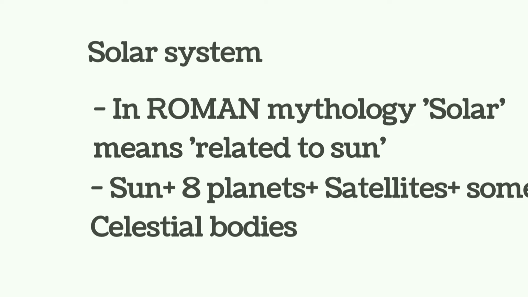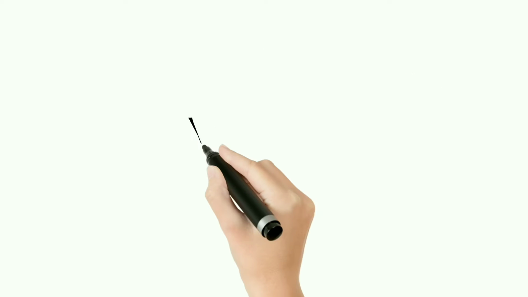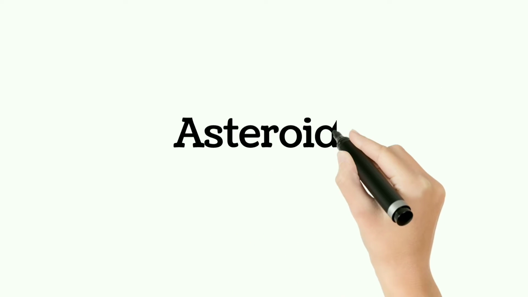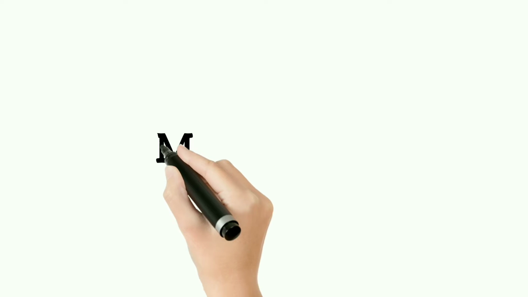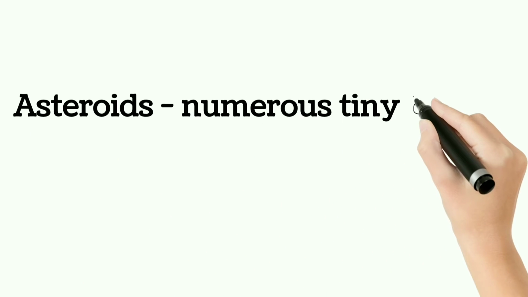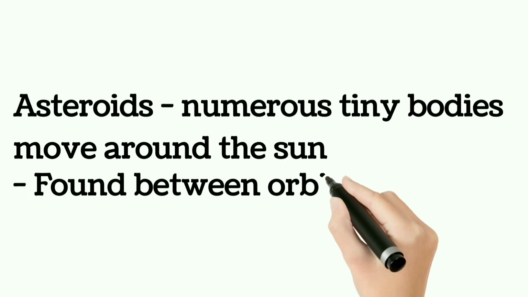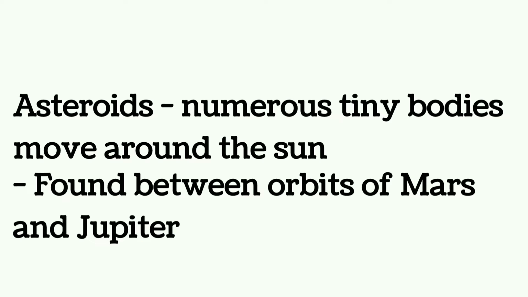Now, coming back, in the solar system we have the sun, 8 planets, satellites, and other celestial bodies. We have already seen the meaning of celestial bodies, and among these we have two other celestial bodies: asteroids and meteoroids. Asteroids are very tiny bodies which move around the sun.